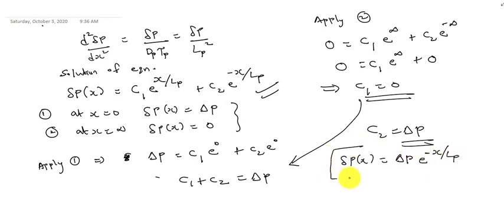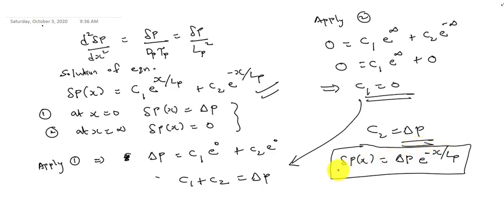So we have obtained the hole concentration delta p of x as delta p e raised to minus x by LP. This equation shows that delta p of x exponentially decreases from the injected value delta p, from the injected point to an infinite point.